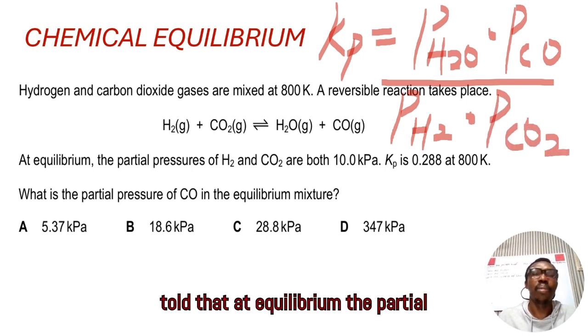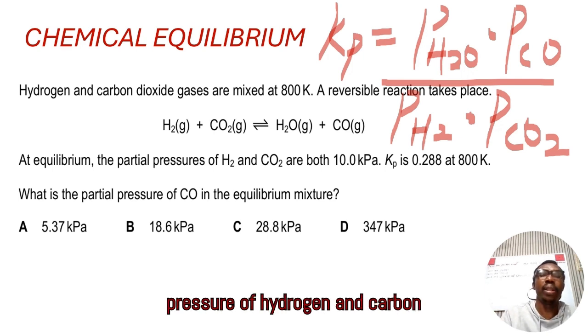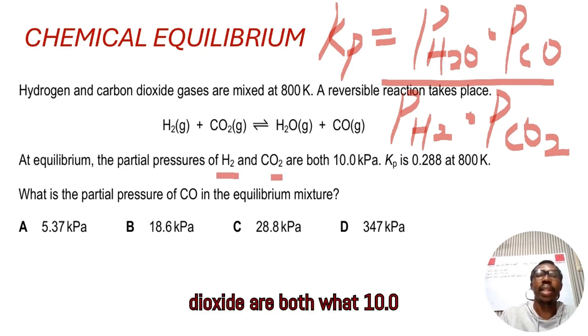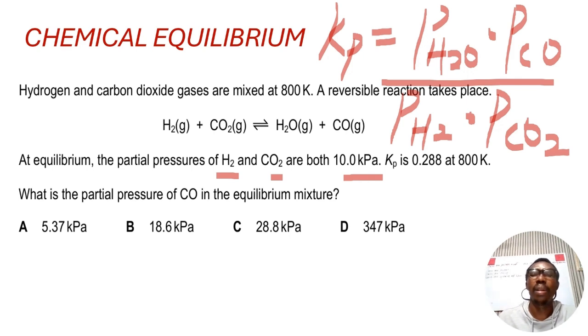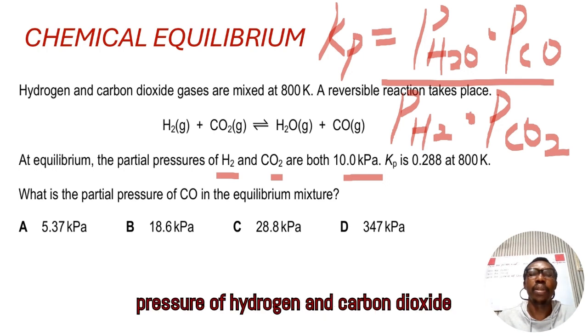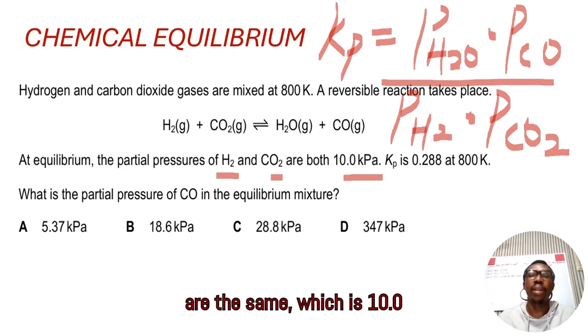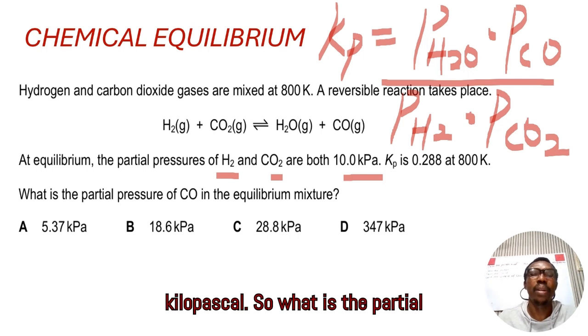Now we are told that at equilibrium, the partial pressures of hydrogen and carbon dioxide are both 10.0 kilopascal. So Kp is 0.288. What is the partial pressure of carbon monoxide in the equilibrium mixture?